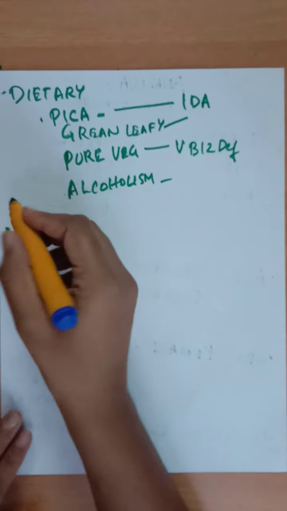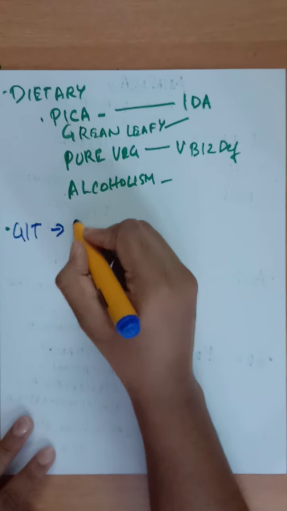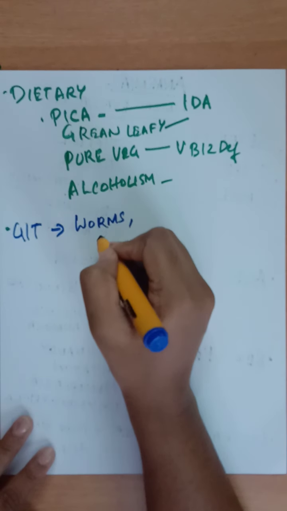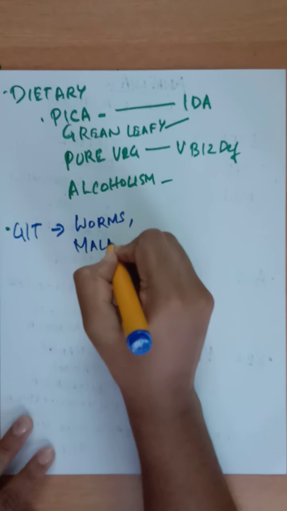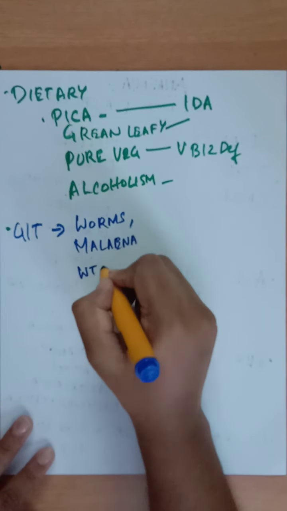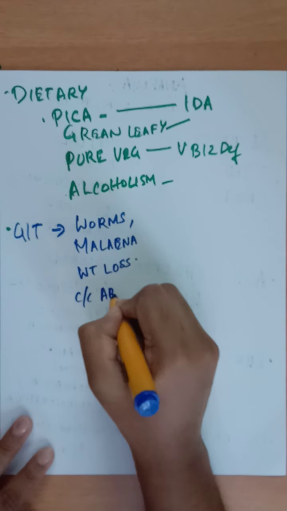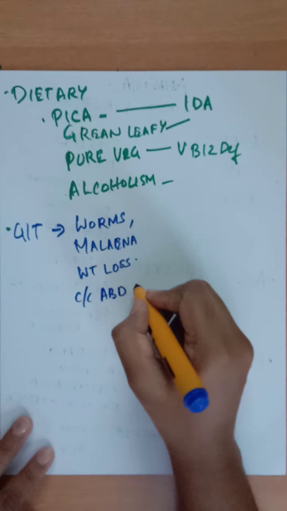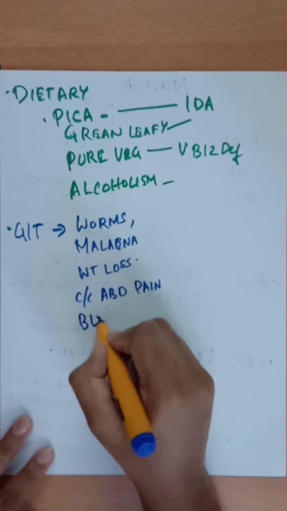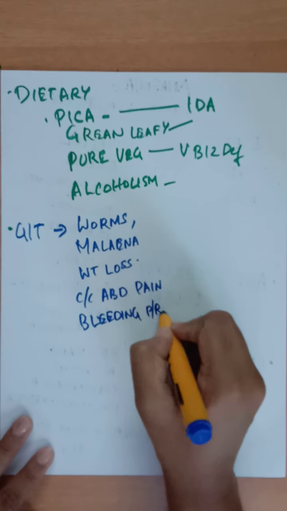Then GI symptoms, if there are any GI symptoms like worms in stool and pruritus ani, melena, altered bowel habits, weight loss, chronic abdominal pain like peptic ulcer, NSAID use, bleeding PR like hemorrhoids.